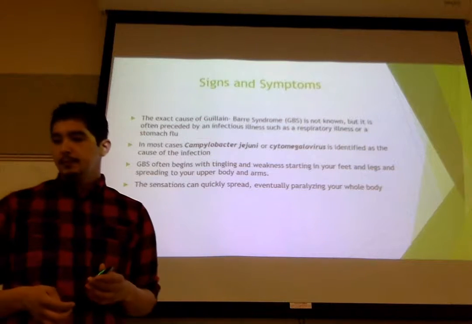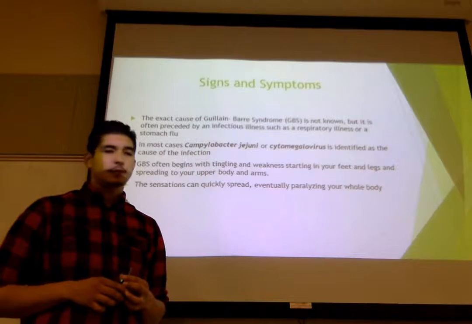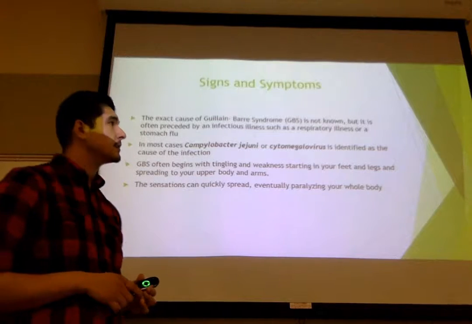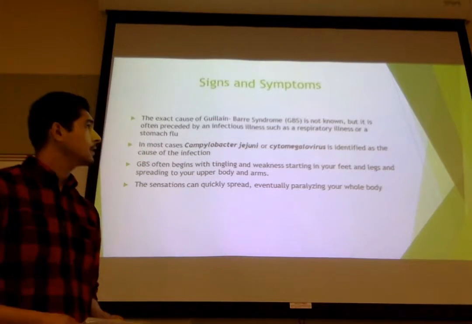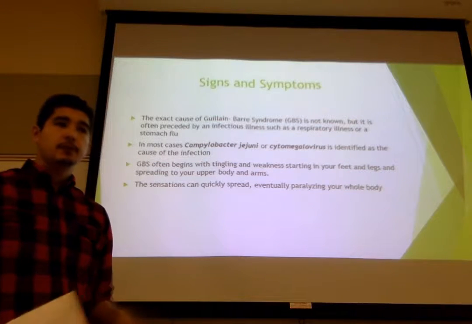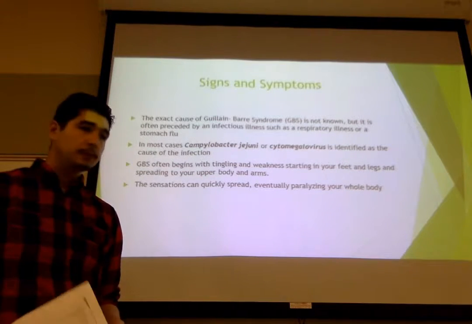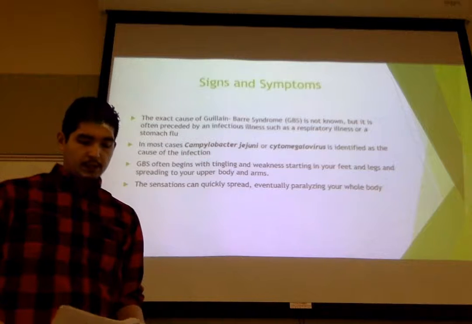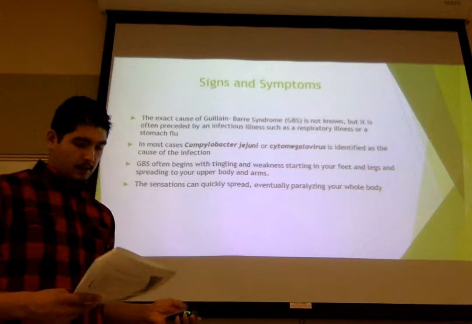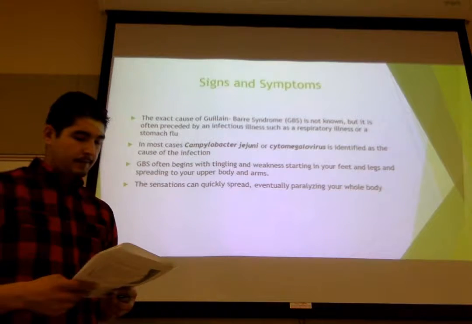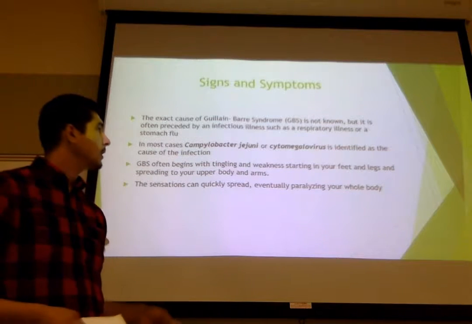So signs and symptoms. The exact cause of Guillain-Barre is not known, but it is known that it is often preceded by an infectious illness such as a respiratory illness or the stomach flu. In most cases, Campylobacter jejuni and cytomegalovirus are the identified cause of the infection.